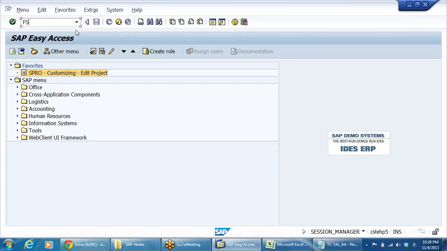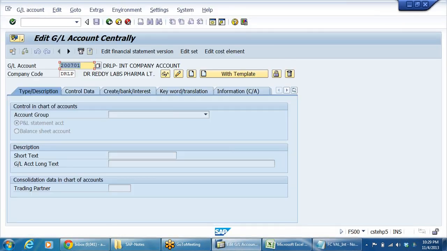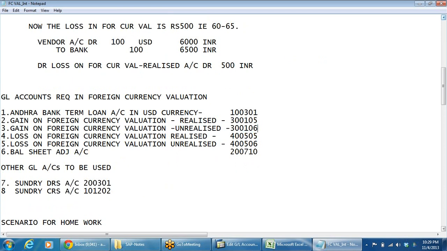Go to FS00. Right, I am using gain on foreign currency valuation realized. Here it is gain, so I am taking it in other income.